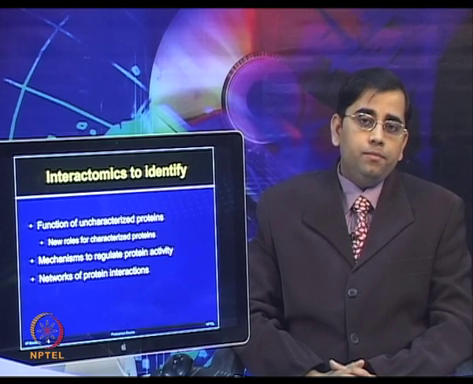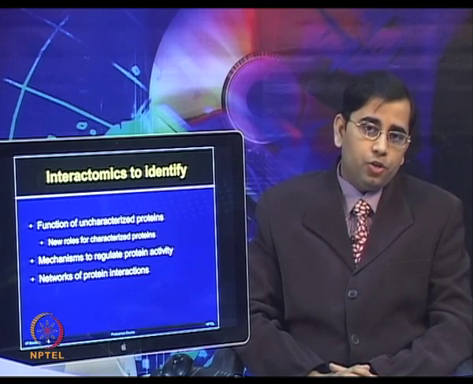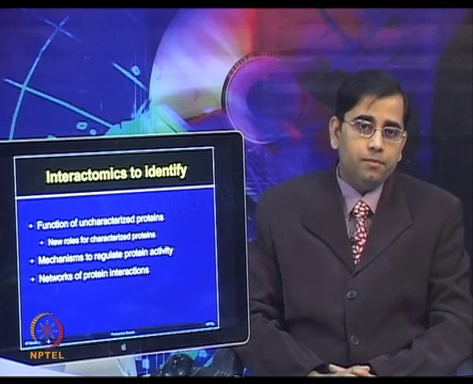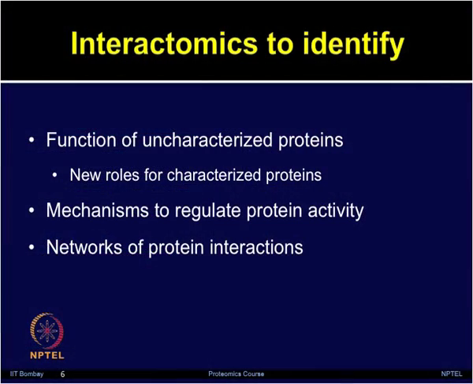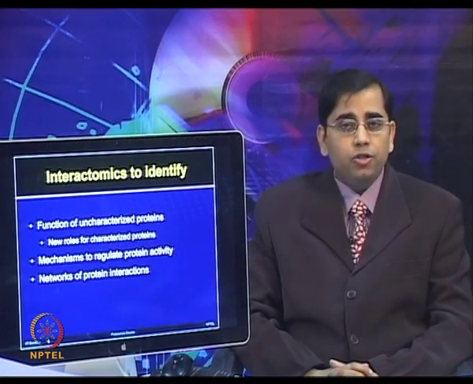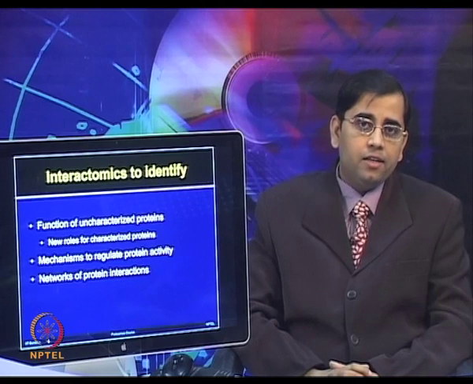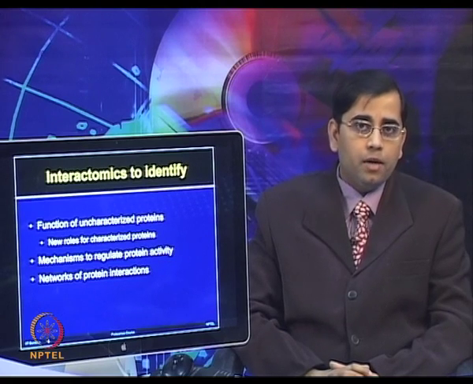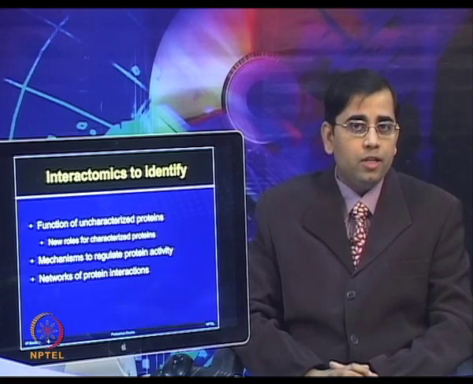So, interactomics aims to characterize the function of uncharacterized proteins, so that one can assign new roles to various proteins. The mechanism to regulate protein activity can also be understood by studying the interactions. A network of protein interactions provides very valuable information for biological processes such as signal transduction and different types of pathways in which these proteins could be involved.